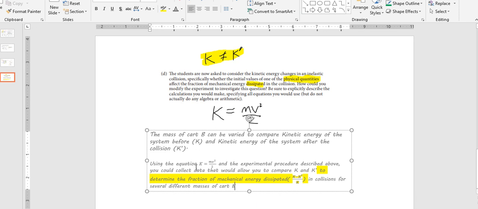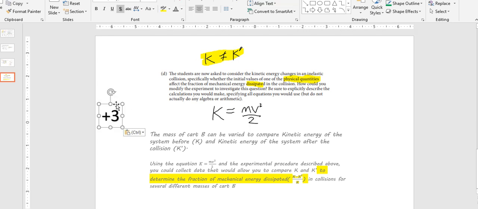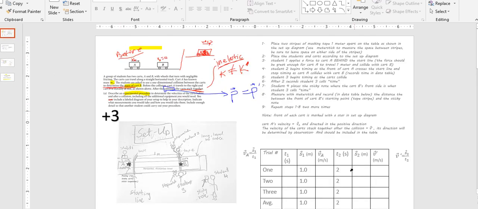If you miss one like that, it's not that huge a deal, but I wanted you to know what the right answer was. So that would have been 3 points, for a total of 12. All the big experimental design questions are 12 points. Focus on analyzing the student's data, and definitely your procedure with always a labeled drawing.